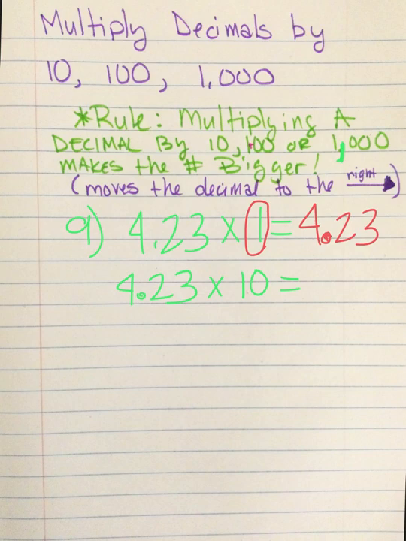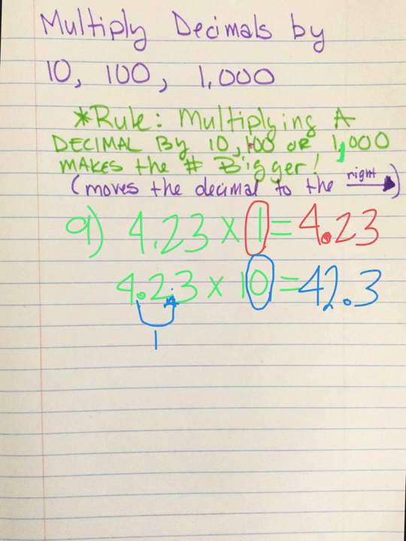So I look at the zeros I have, and I have 1 zero in 10. That means the decimal needs to move one place value over, and it drops right here. So the new number, if the decimal moves to the other side of the 2, is 42 and 3/10. That's the new number.